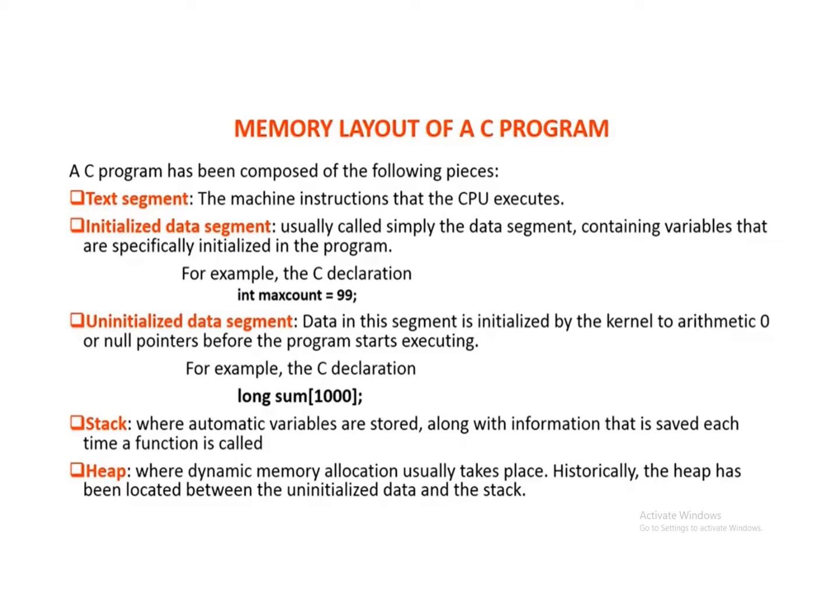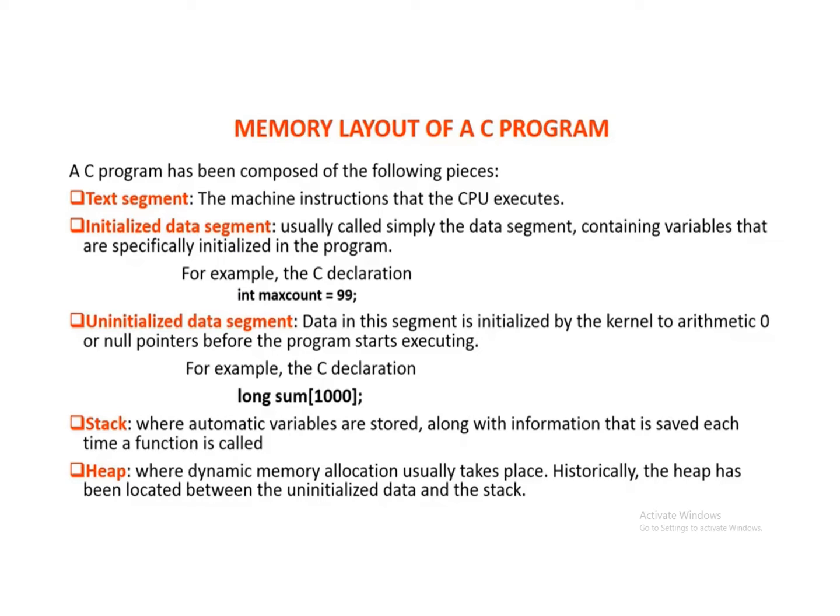Data in this segment is initialized by the kernel to arithmetic zero or null pointers before the program starts its execution. So if you declare any array or variable which you do not initialize with any value, those will come under your uninitialized data segment.